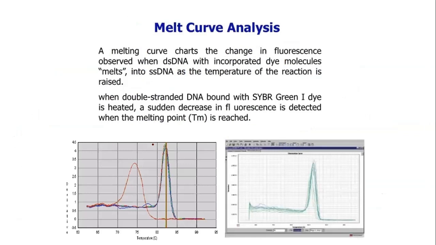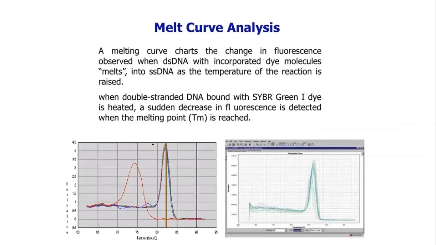There is something called melt curve analysis when we want to use SYBR Green as the dye, because SYBR Green is non-specific. It does not bind to any specific DNA. It binds to any DNA fragment which is double-stranded. So even if there is a primer dimer, it will also be counted as fluorescence.